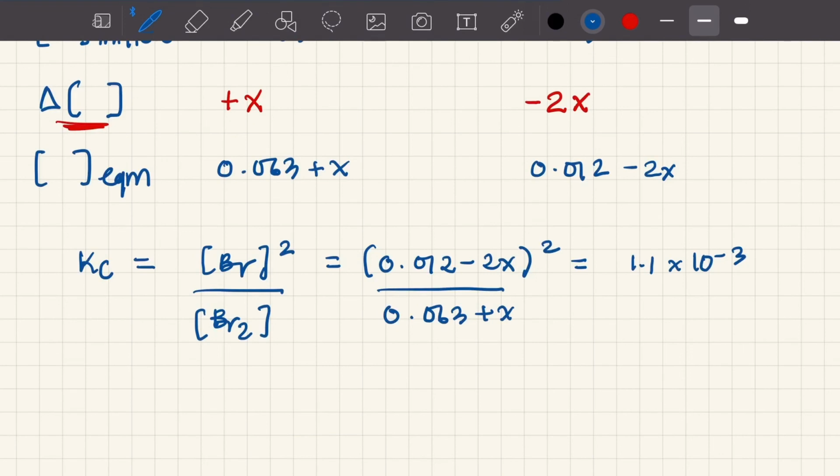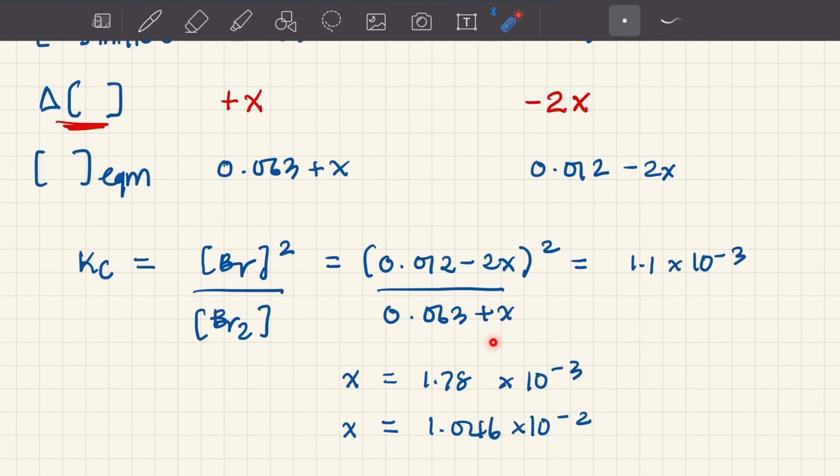Okay, when you do quadratic equation, and then you will get two values of X. So in this case, you will get 1.78 times 10 minus 3 dengan 1.046 times 10 minus 2. Okay, so you're going to only use one of the values of X. So which one are you going to use? So in this case, you get both positive values of X. What you're going to do is, you're going to choose the smaller value.